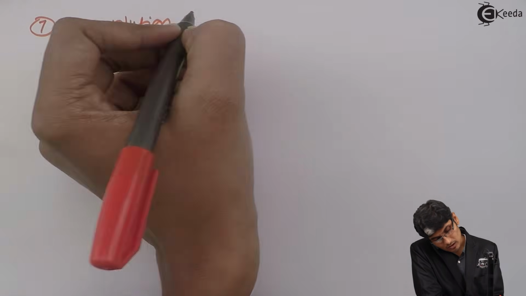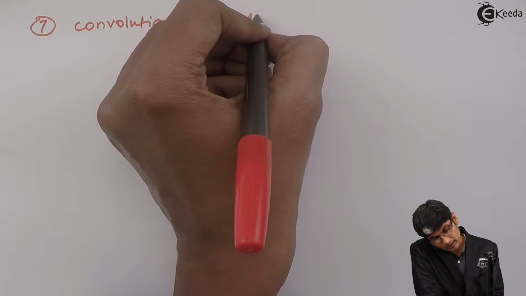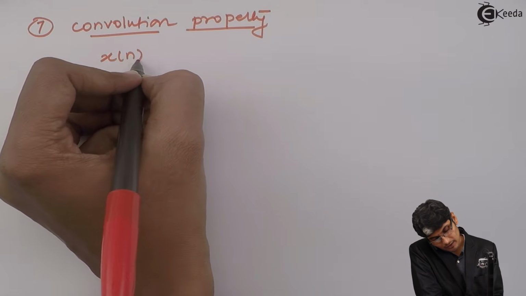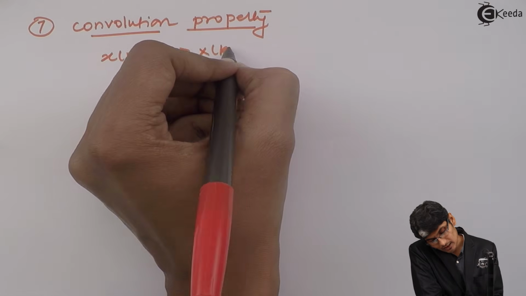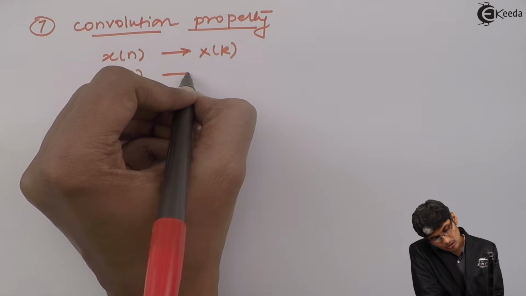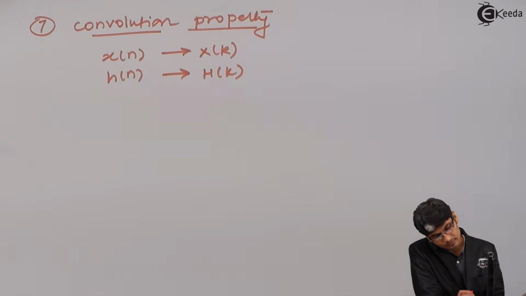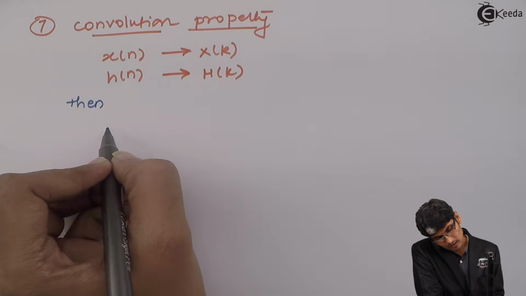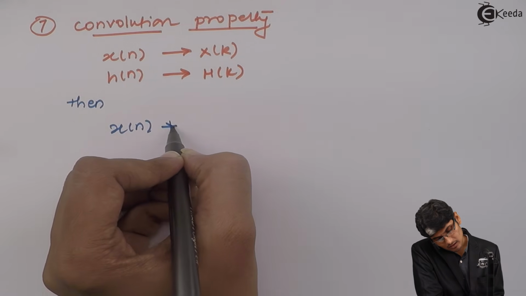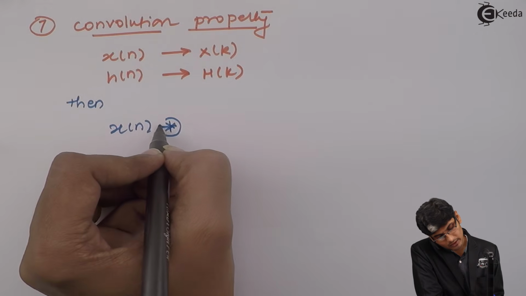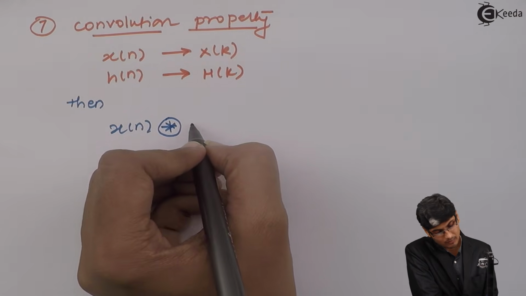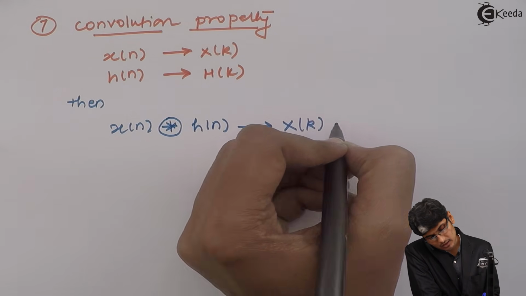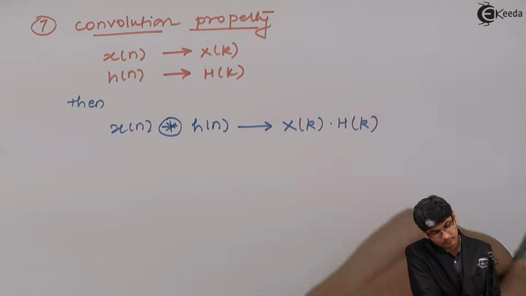The convolution property says that if I have x of n whose DFT is X of k, and h of n whose DFT is H of k, then x of n convolved with h of n, and this is very important, this is always a circular convolution, has a DFT that is nothing but X of k into H of k.